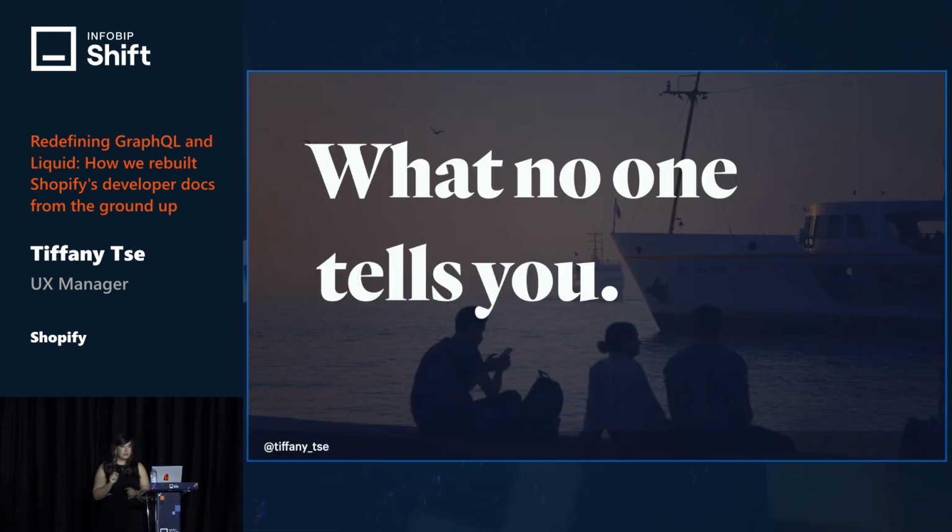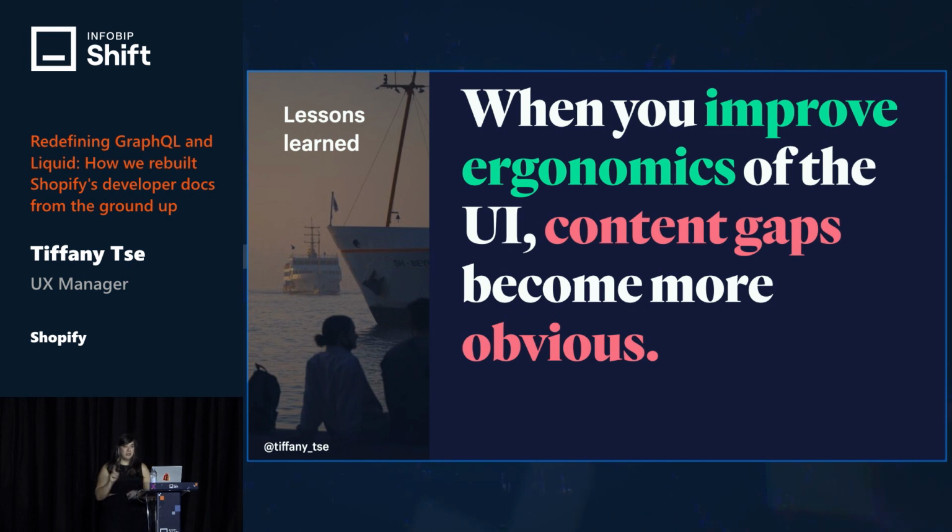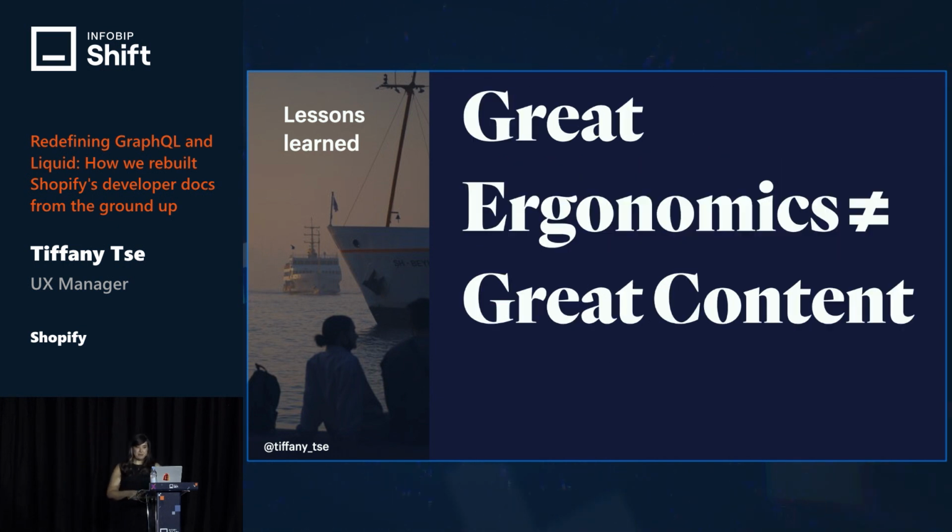So I'm going to tell you guys a few things that no one tells you. When you improve the ergonomics of the UI, content gaps become more obvious. You probably noticed earlier I had the GraphQL map, and there was a giant blank space beside it. Great ergonomics don't necessarily mean great content.